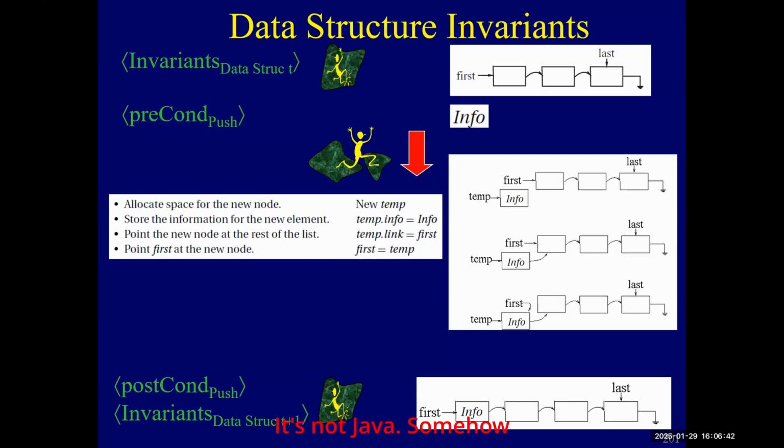It's not Java. Somehow we got over to Python. Sorry for that. So in Python, you first have to say that temp is of type node, and then you have to give it a value by calling the node constructor. All right, somewhere I have to see if I have the Java code. So that's what we get, this guy here.